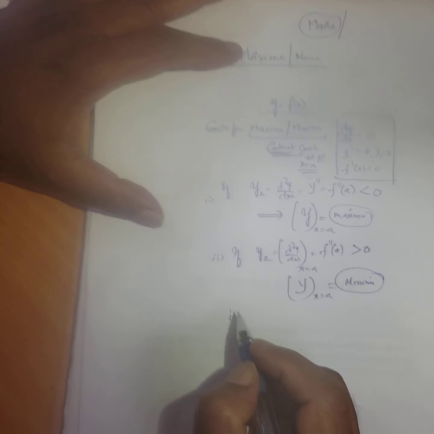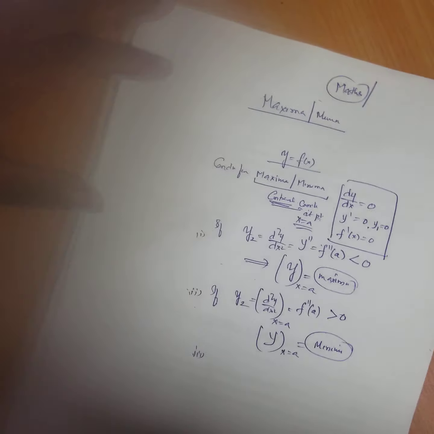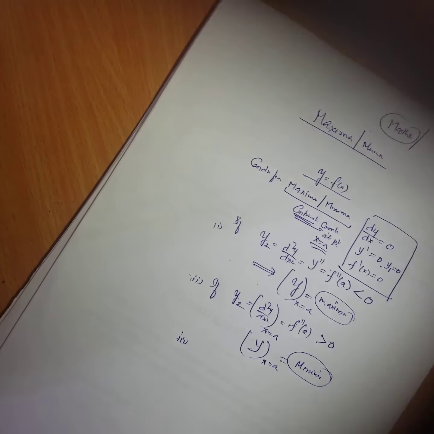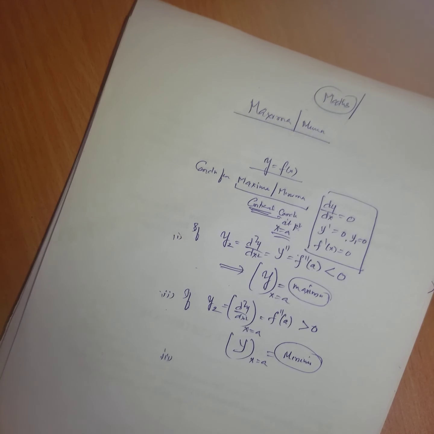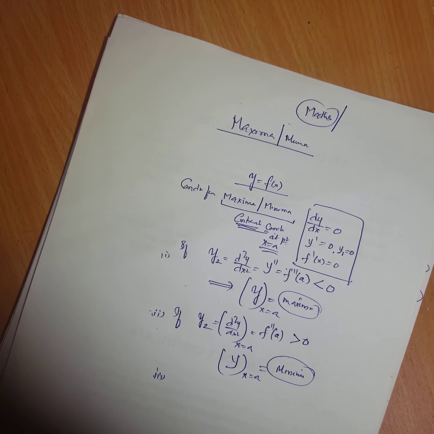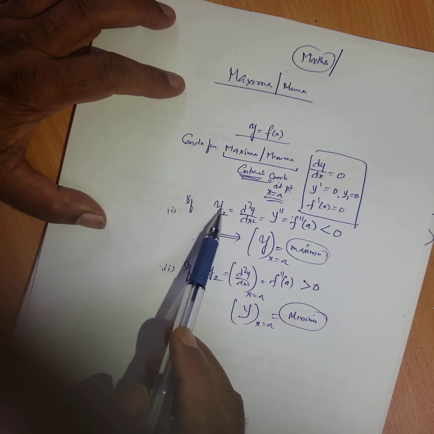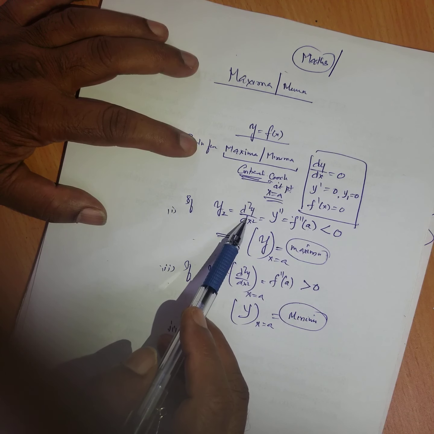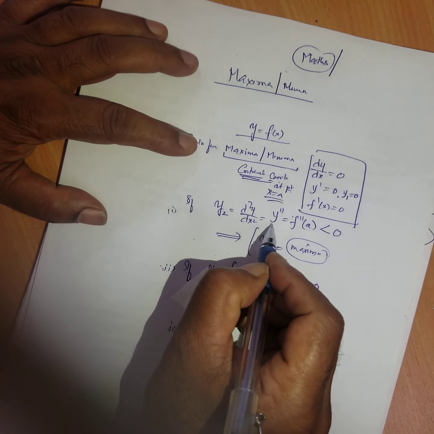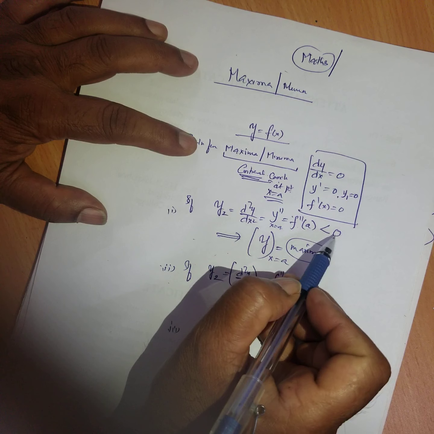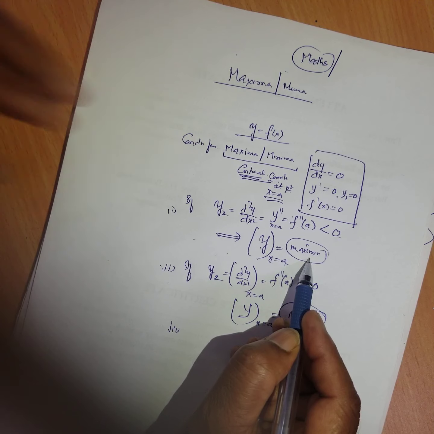Third condition: so I'll tell you this one. If the second derivative at that particular point is less than 0, then y at that point is maxima.